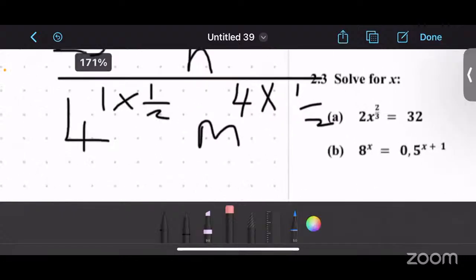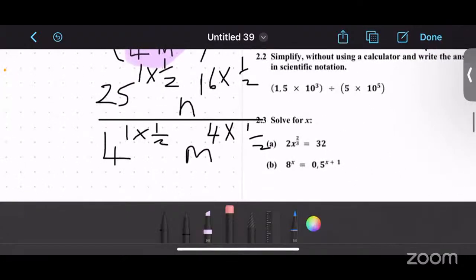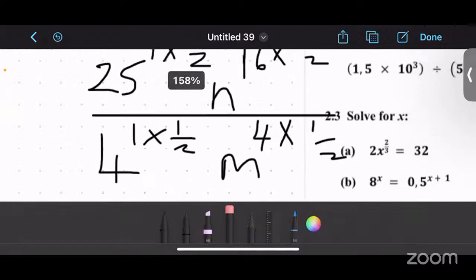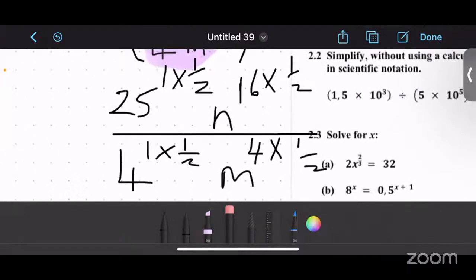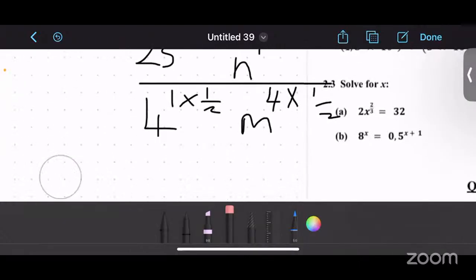Okay, by just looking at this, we have 25 to the power of 1 over 2, because 1 multiplied by anything is that very same number.